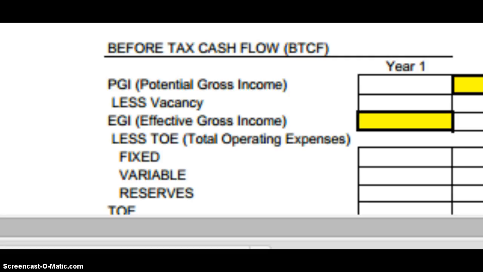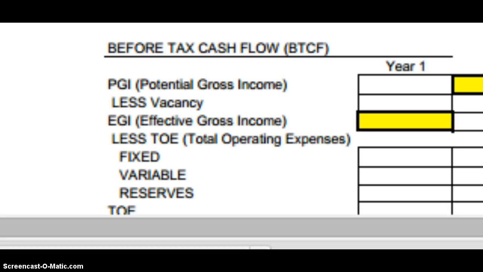And then loan payment, we're going to use the payment function. So the rate is 5%, and we have to divide that by 12 because we need it in monthly. And then the number of periods, we're doing a 30-year loan term.